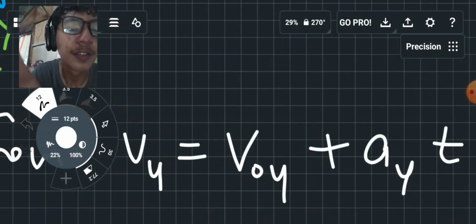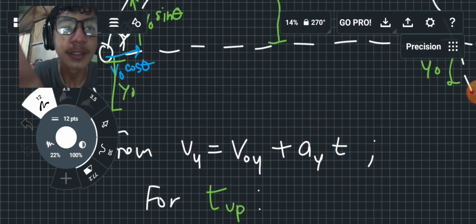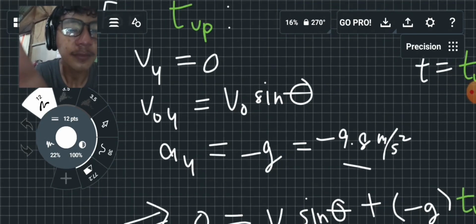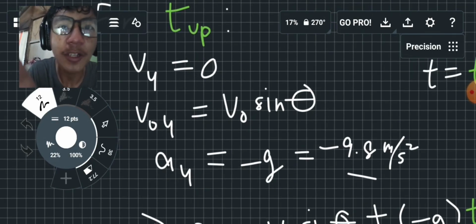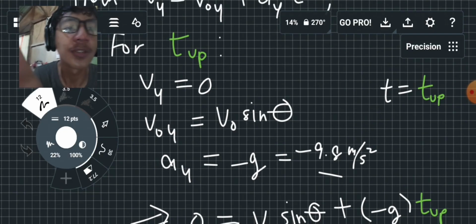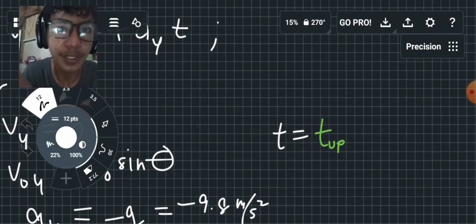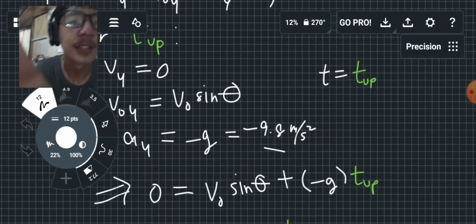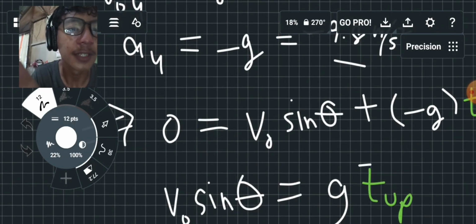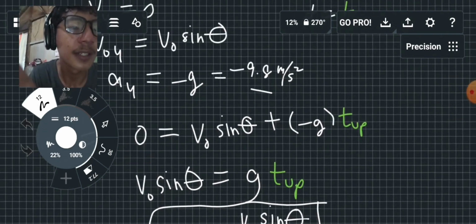And v naught y is the y component of the initial velocity, which is v naught sine theta. And the constant acceleration that I'm talking about is nothing but negative g, or negative 9.8 meters per second squared. And t is t sub up, which is what we're looking for. So plugging those into our formula, we get 0 equals v naught sine theta plus negative g t sub up.